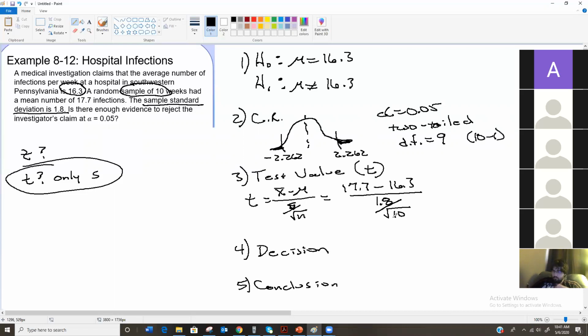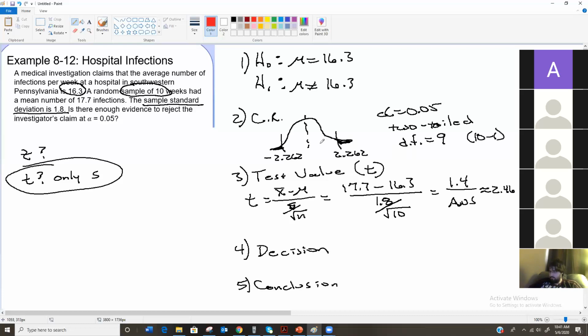Make sure you put the actual N, not the degrees of freedom. So this should be 1.4 over whatever you get for an answer for that. I got 2.46 if I round. Is that what other people got? Everybody else got that? Let me know if not. Otherwise, I'm going to go with it.